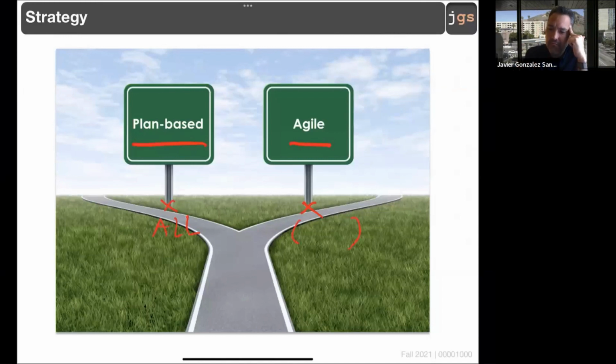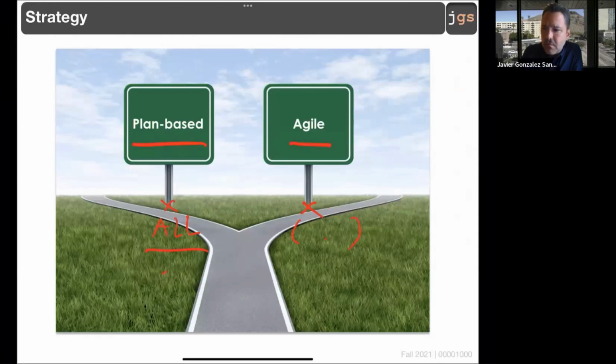Big difference, and I put one word there. The idea. Plan-based. You need to have all the requirements right. That is the core idea there. You're going to do a plan-based, and your plan depends on the requirements. You need to have all of them. Remember what you learn about this is flexibility here versus here.